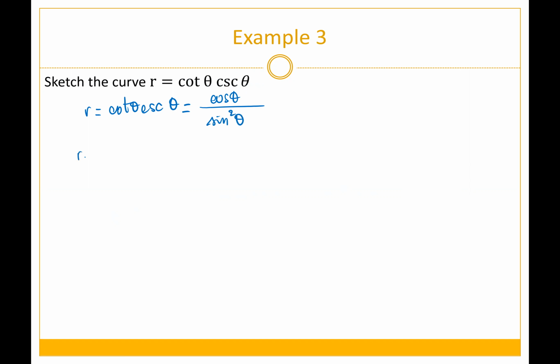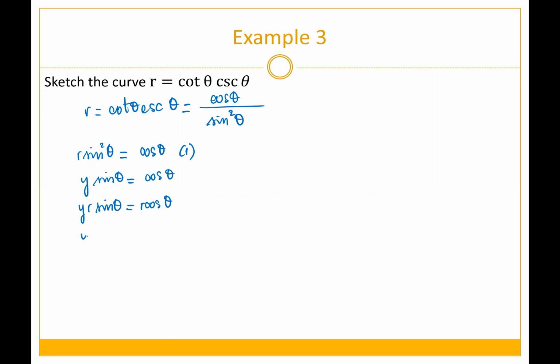Now, I will have r sine squared theta equal to cosine theta. If you remember, r sine theta is y, and I still have theta left on each side. So I'm going to multiply by r again on each side. You can do it at this step, or even before that at step 1.